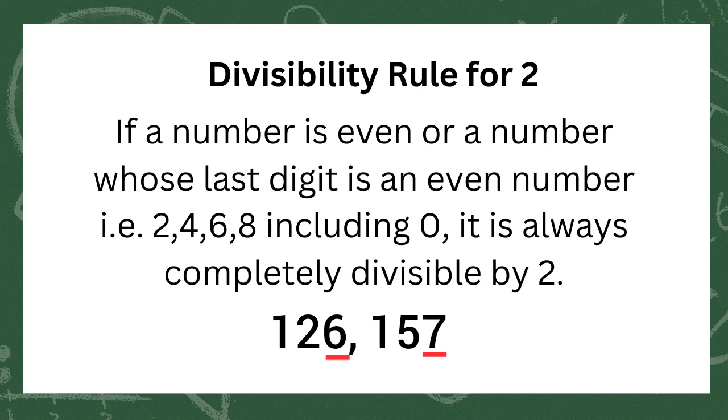Because it is 6, it means 126 is divisible by 2. In 157, the last digit is 7. Because the last digit is not 2, 4, 6, 8, or 0, it means the entire number, 157, is not divisible by 2.